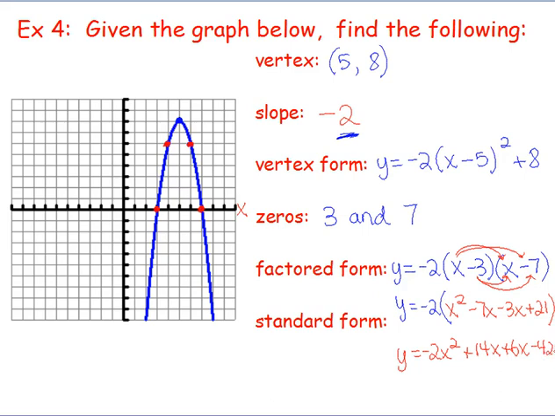Final answer, keep the negative 2x squared. What is 14x's plus 6x's? Well, that is 20x's. And keep the negative 42. And that is your standard form. So we are done with this lesson, and I will see you in class.